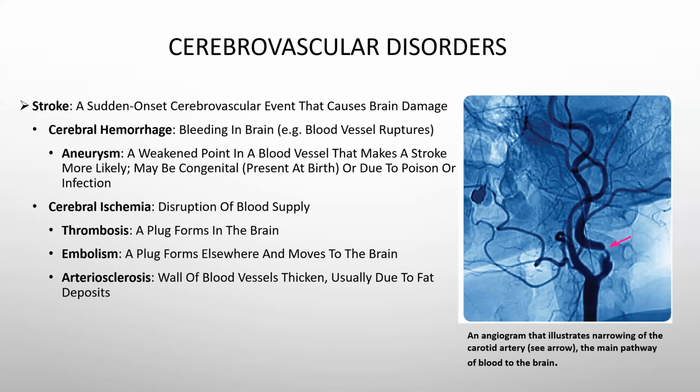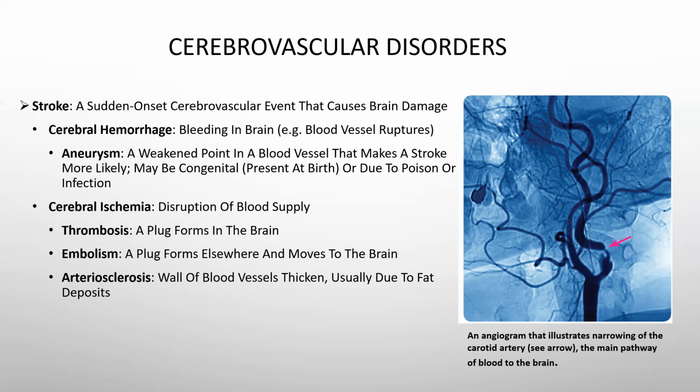Now, aneurysms can be congenital, present at birth, or due to a poison or infection. Oftentimes, the congenital type is present at birth, and then while the person ages throughout life, especially accompanied with high blood pressure, that's what can cause the aneurysm to eventually occur.